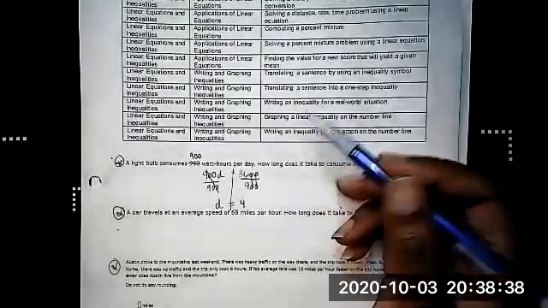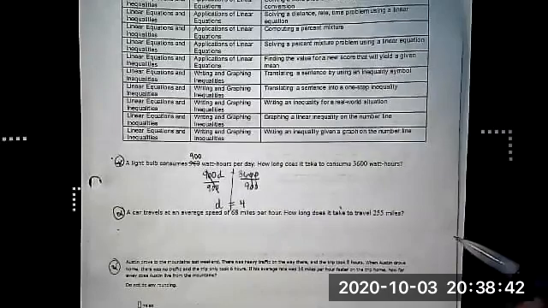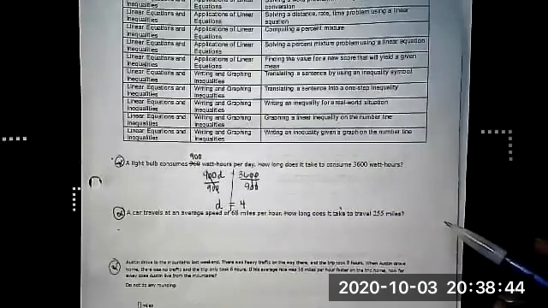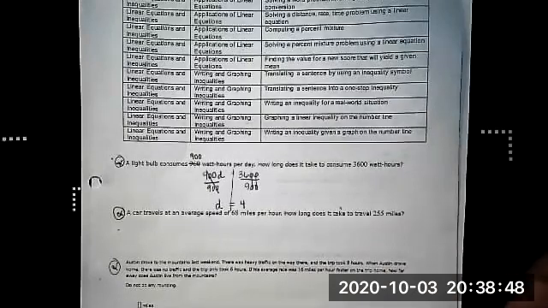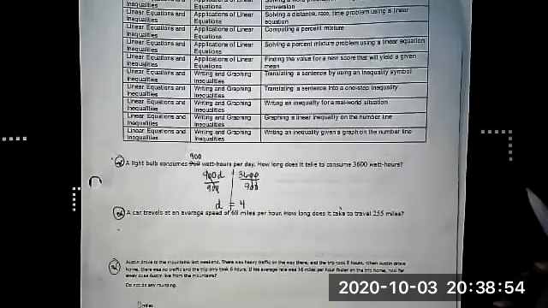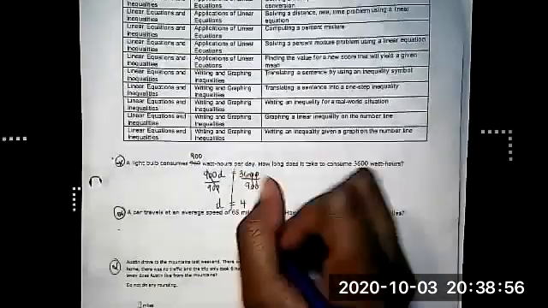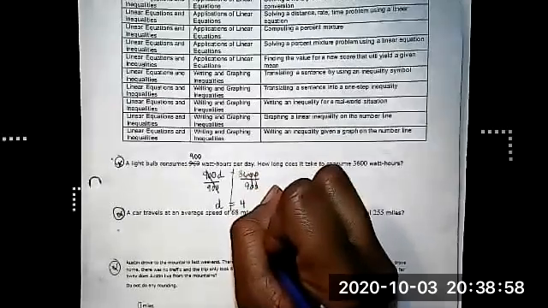Now that we have that answer, let's go to the next. A car travels at an average speed of 68 miles per hour. How long, so it's basically asking you, what's the hour? How long does it take to travel 255 miles? Got to set that up in the same exact way you just set up the one above it. 68 miles per hour equals 255 miles.